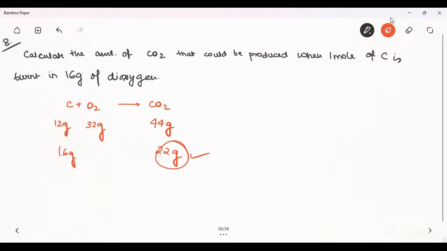What is the next question they have asked you? Let me see. So far in the next year, they have not asked you any kind of questions, but they have asked you questions about kinetic energies and everything.